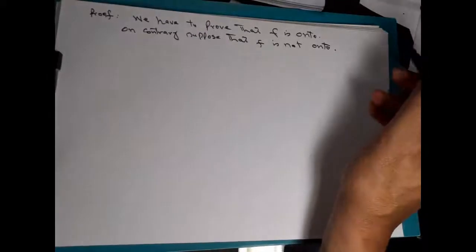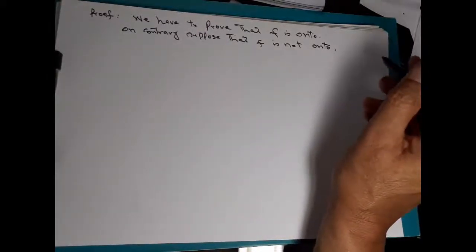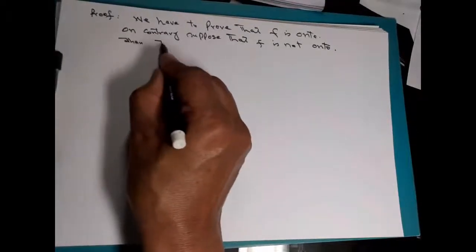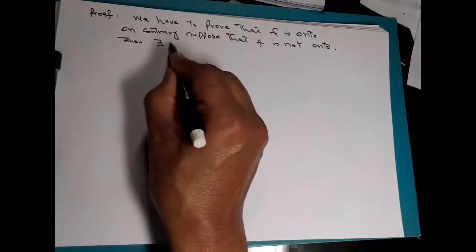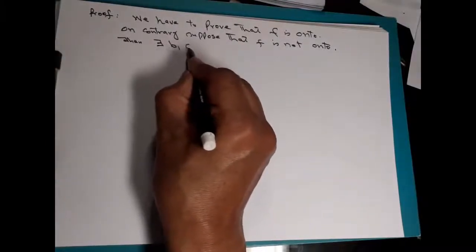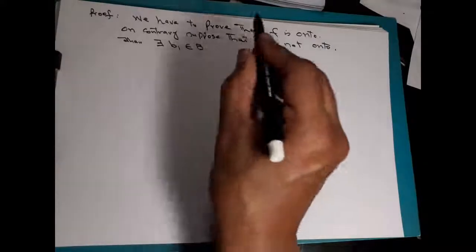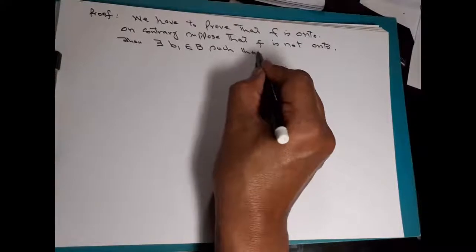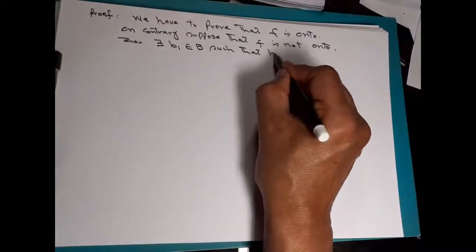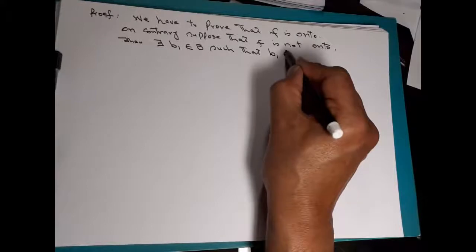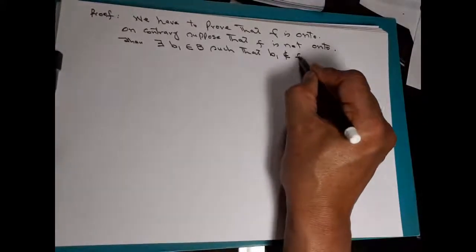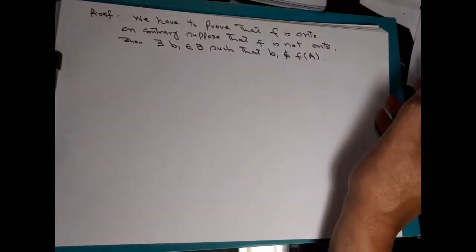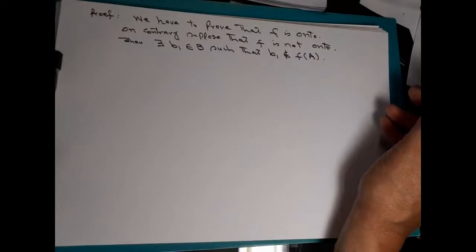So suppose that F is not onto, then there must exist an element, let's call it b1, in the codomain B, such that b1 does not belong to F(A), which means that b1 is not the image of any element of A.